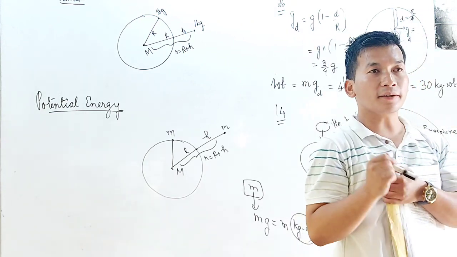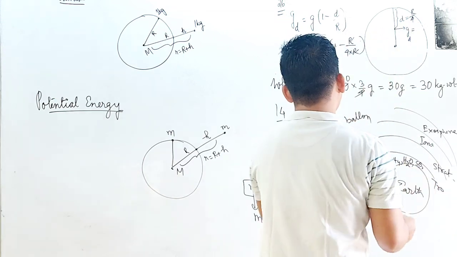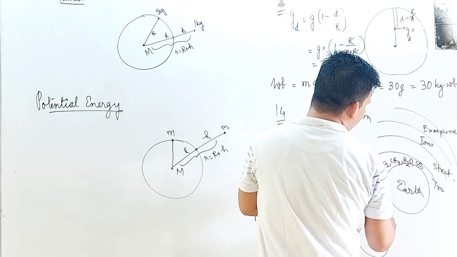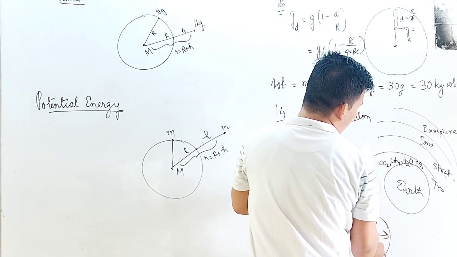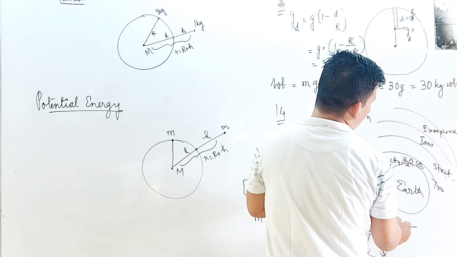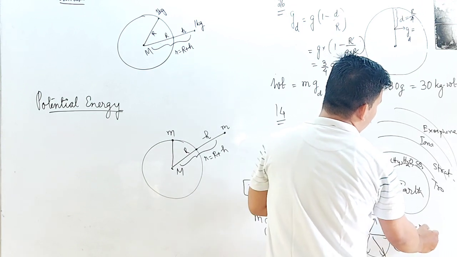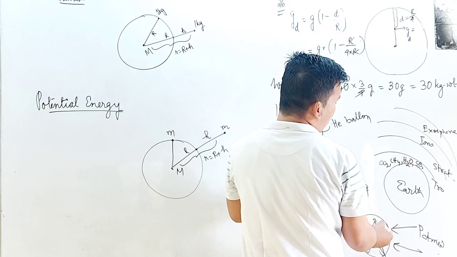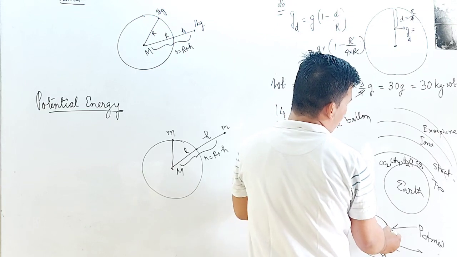This balloon is filled with air. At the lower atmosphere, the atmospheric pressure is too high. This is atmospheric pressure, and the pressure inside the balloon will be known as excess pressure.